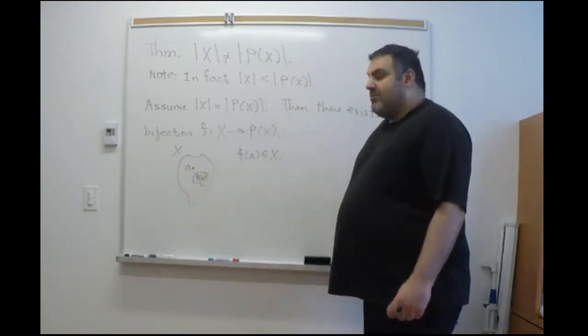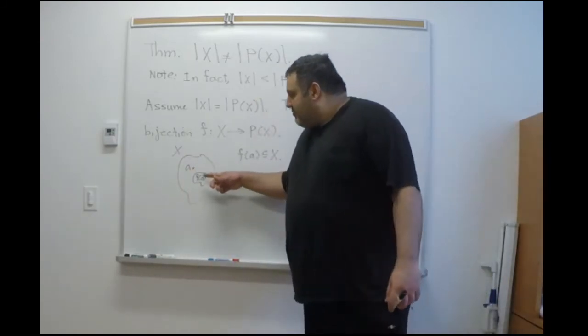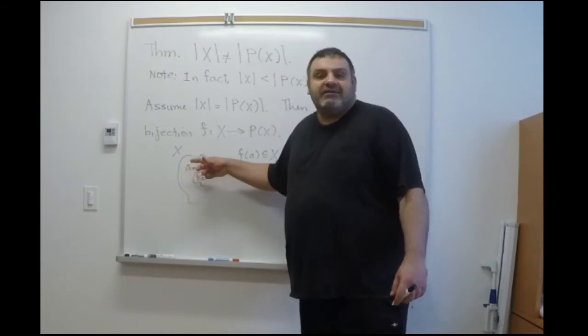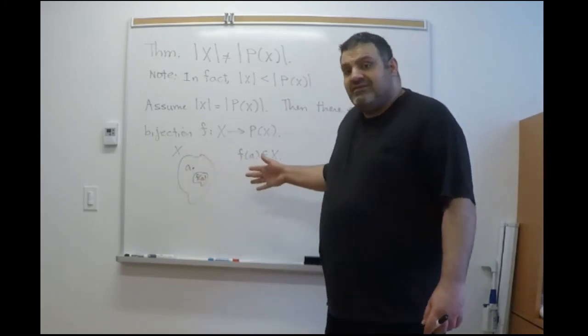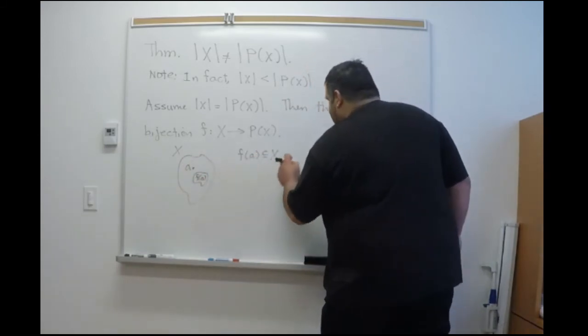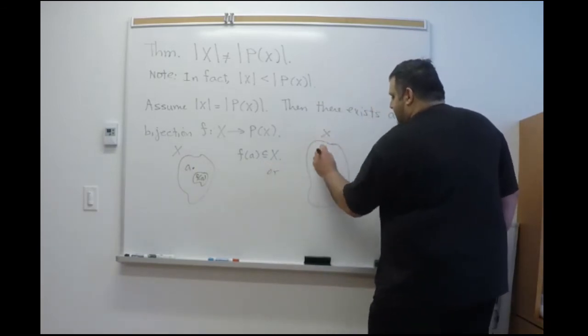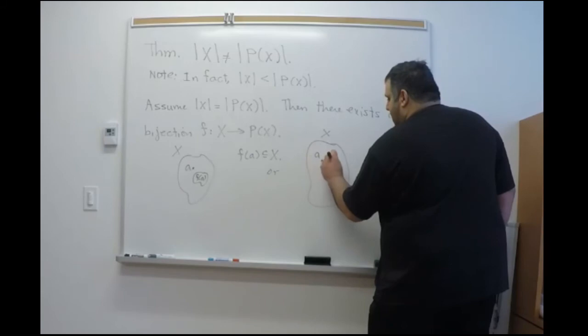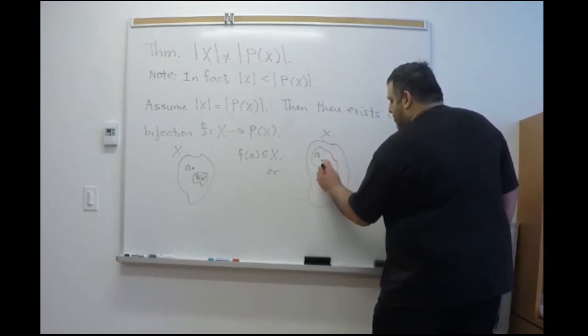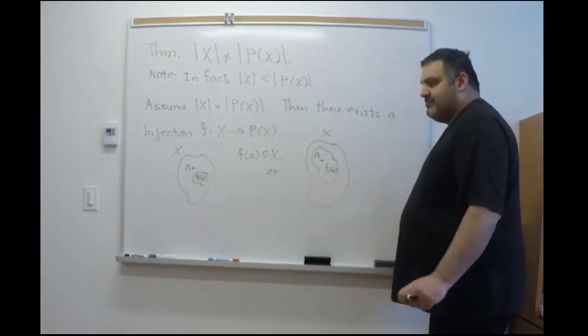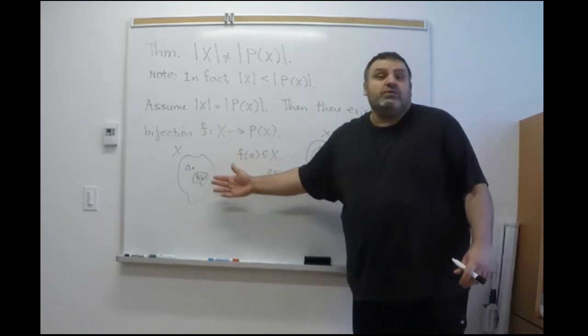In other words, f of A is something like this, picture-wise. By the way, this picture is deceiving because f of A could contain A, or it could not. So it could either be like this, or it could be something like this. This is your X again, this is your A, and f of A could be this set. But it could be one of the two. You don't know.